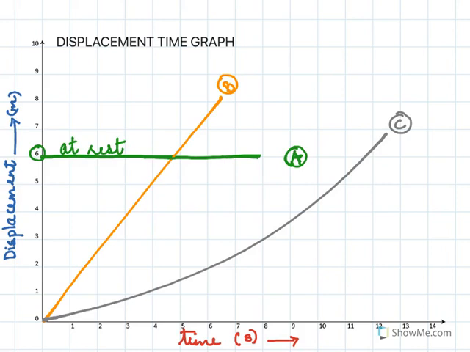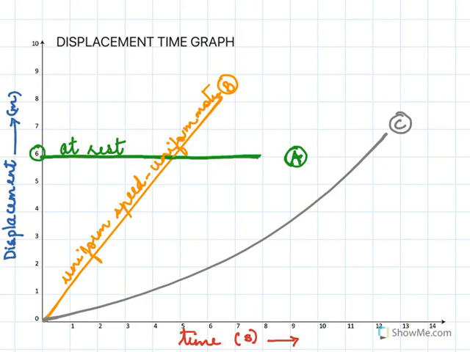If you look at body B, here the displacement is increasing uniformly. So this is a body with uniform speed, or we also call it uniform motion. And the last body C, also the displacement is increasing but not uniformly.